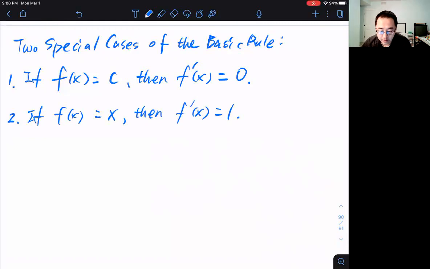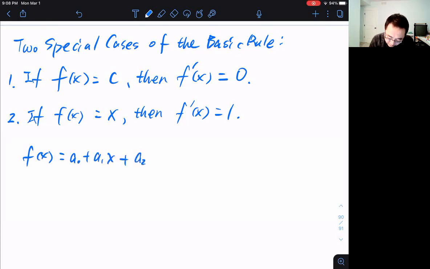Okay, and then also, if you have a polynomial function, then f of x is continuous everywhere, right? So if you have a function like this, a0 plus a1 x plus a2 x squared plus dot dot dot plus an x^n, this is a polynomial form, where a0, a1, a2 through an are real numbers, okay?